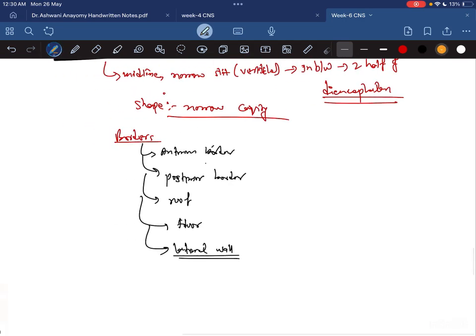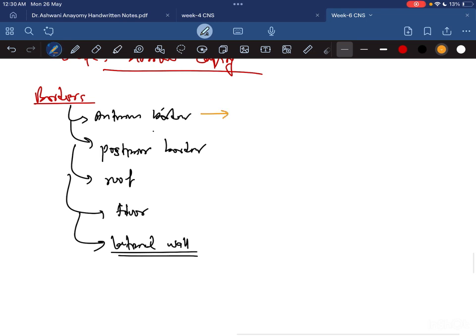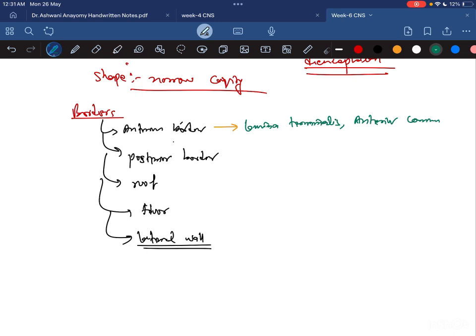When we discuss the anterior border, in the anterior border there is the lamina terminalis, then there is the anterior commissure. In the posterior there is the pineal gland and habenular commissure.